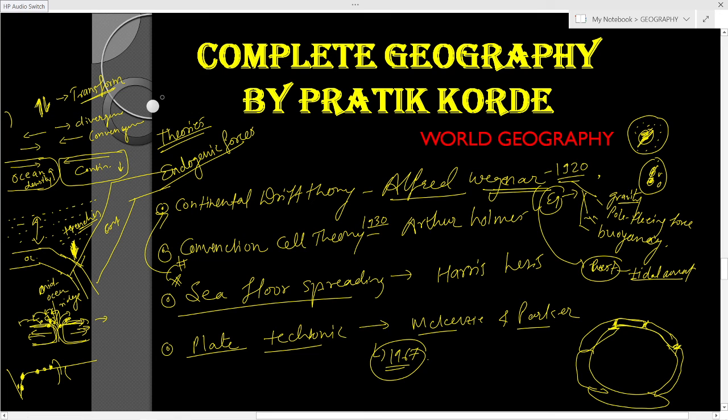The lithosphere includes the crust and top mantle, and its thickness is around 5 to 100 kilometers in the oceanic part. Okay, we have talked about this in the earlier portion of this video, 5 to 100 kilometers, and if we talk about continents, it is around 200 kilometers.